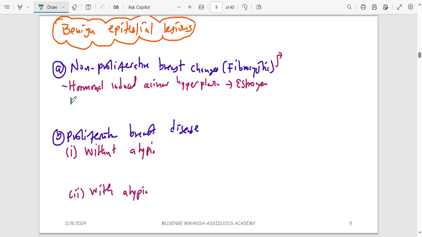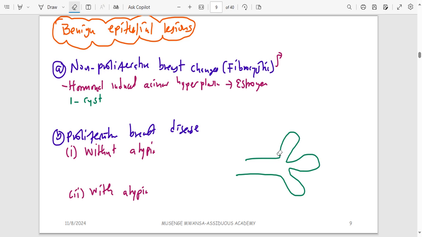And you have got different subtypes of these. Number one subtype, you have got what we call a cyst. Now, a cyst is a dilatation of the lobule. Okay, as we said, these lobules will just end up dilating. And what is really the problem? What is a cyst? A cyst is basically a fluid filled sac.